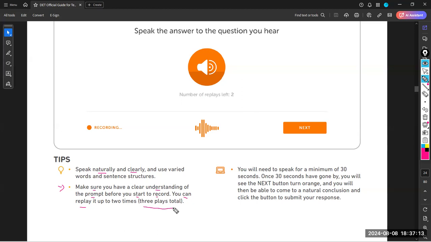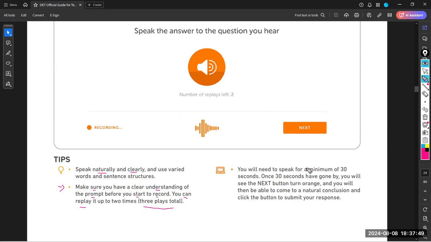So please don't rush, because if you misunderstand the prompt, your answer will be different, and because your answer is different, you will get nothing, because you give a different answer. So please listen carefully and understand the prompt carefully. When you fully understand the prompt, you have to start speaking or recording yourself.